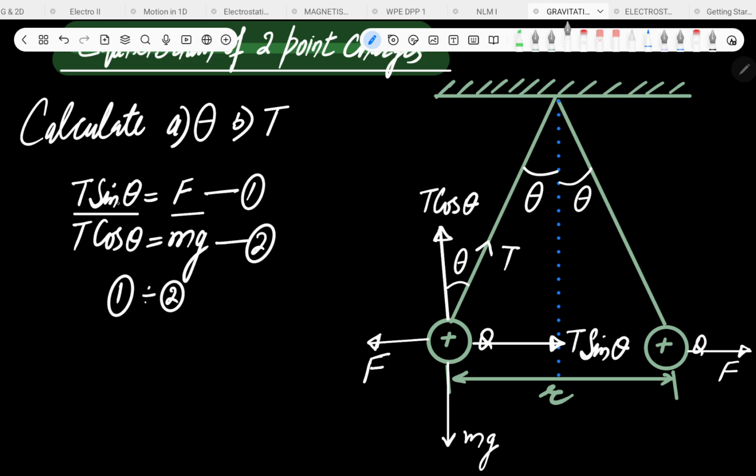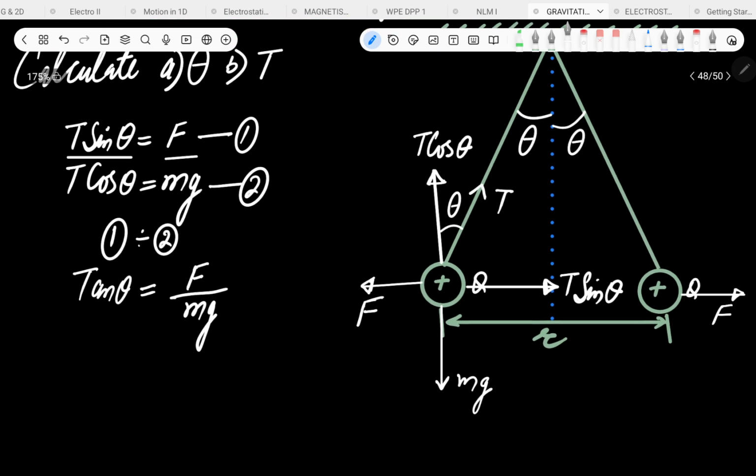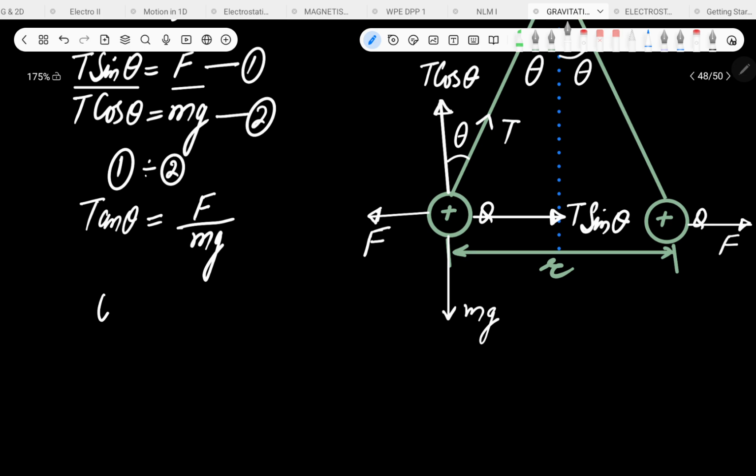This T and T will disappear. Sin theta by cos theta comes out to be tan theta equals F divided by mg, which means that theta is finally equal to tan inverse of F by mg.